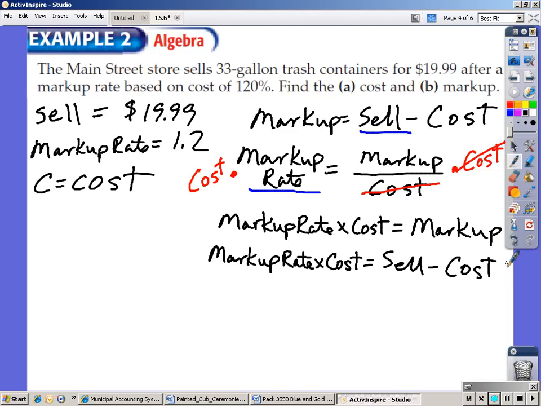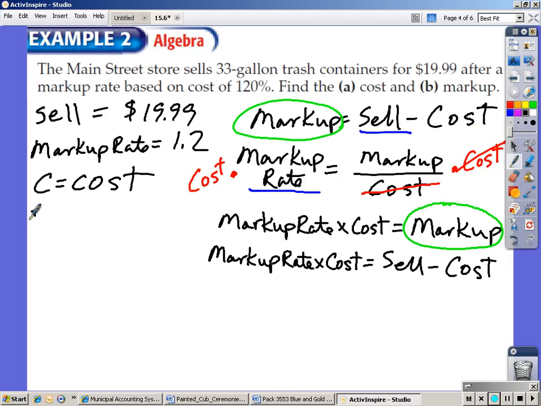This is our key right here. Markup equals markup. That's always going to be the same thing. So, let's go ahead and do part A.